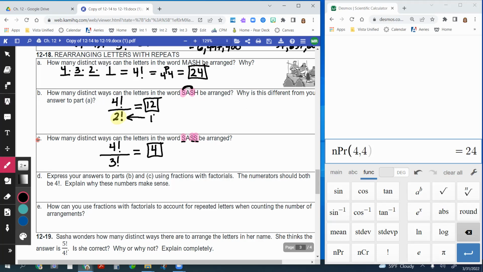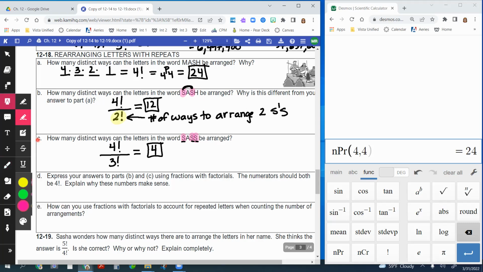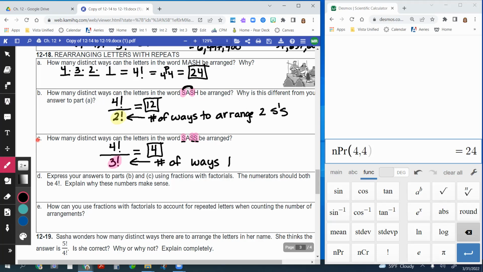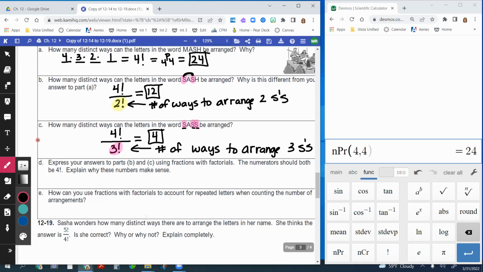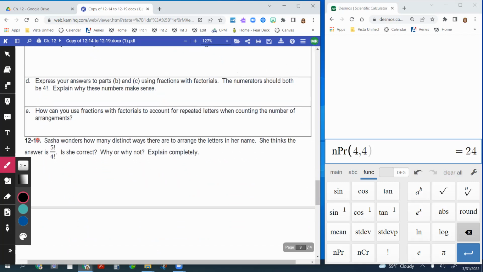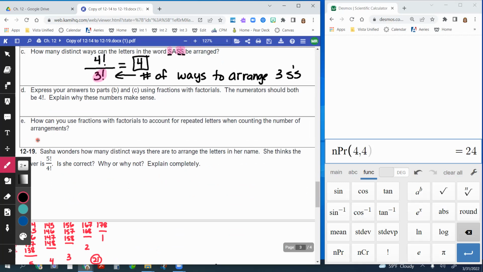So this is the number of ways to arrange the 2 S's. And here this 3 is the number of ways to arrange 3 S's. So that's what they're looking for on letter D.